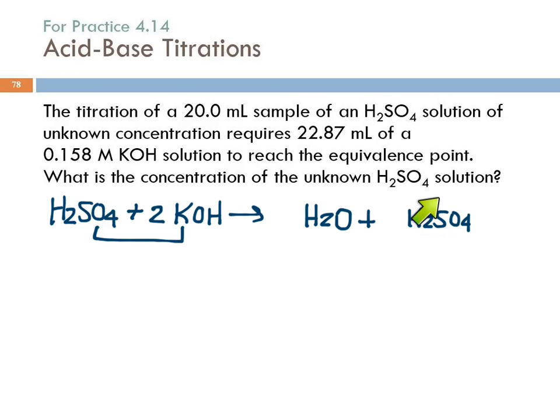And I have 1 sulfate and 1 sulfate. I've got 2 hydrogen ions and 2 hydroxide ions. That's going to make 2 water molecules. You can also balance it by looking at individual elements. It takes a little longer, but slow and steady always wins the race. Okay, any questions about that?